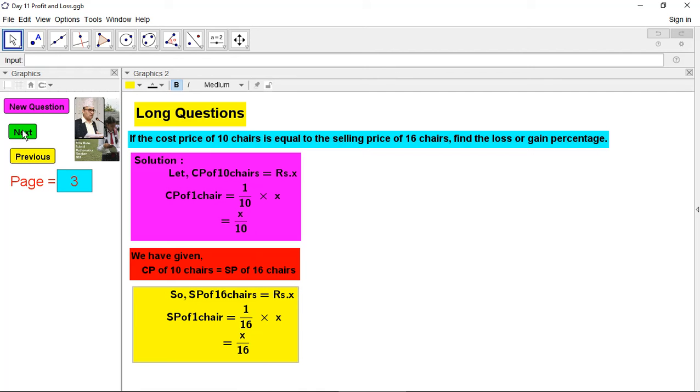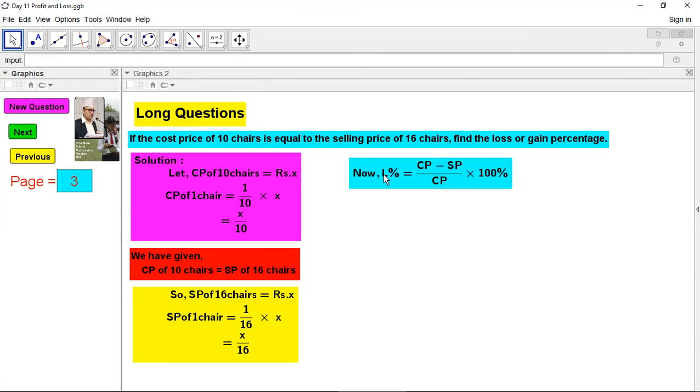The next step is, dear students, we have to find loss percentage. The formula for loss percentage is (CP minus SP) by CP into 100%. Many times we have repeated this. Then loss percent equals (x by 10, that is CP, minus x by 16, that is SP of 1 chair) by CP, which is x by 10, times 100%.